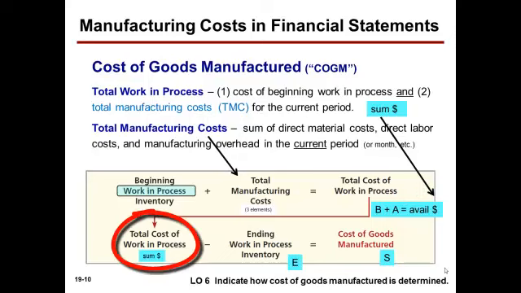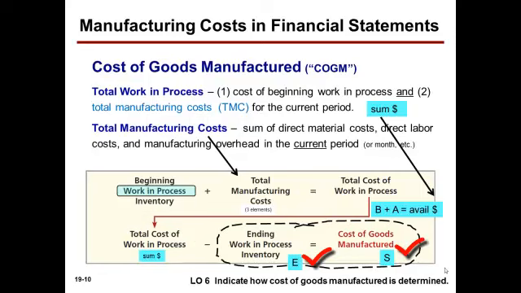Now if we take that sum of total dollars available, at period end they'll either be still on hand or moved on to the next level, cost of goods manufactured. We'll determine the COGM value by subtracting the E value from B plus A.